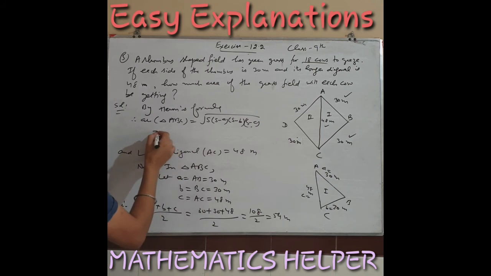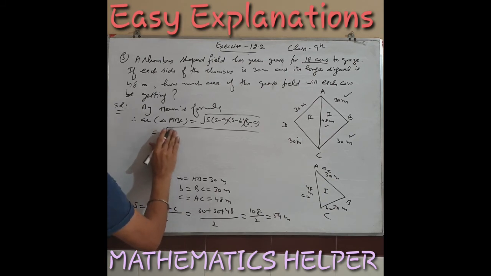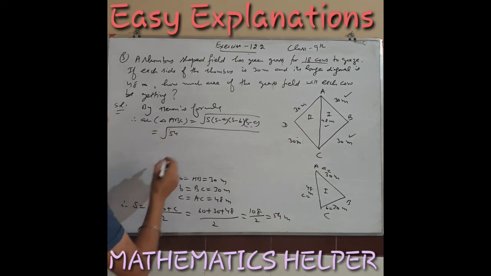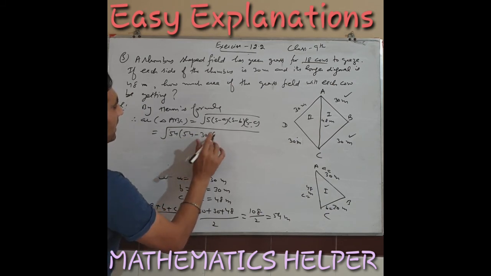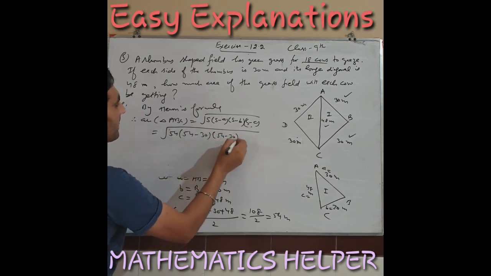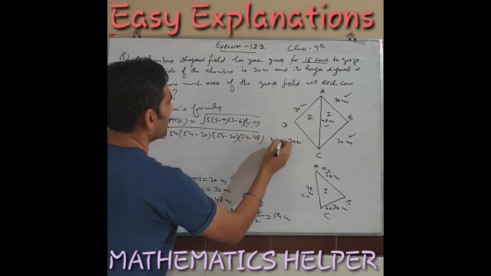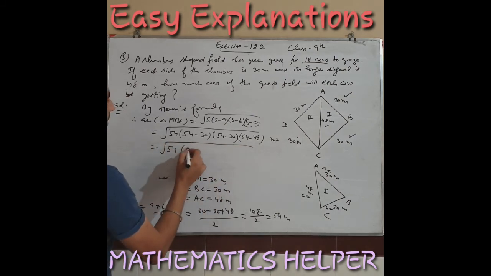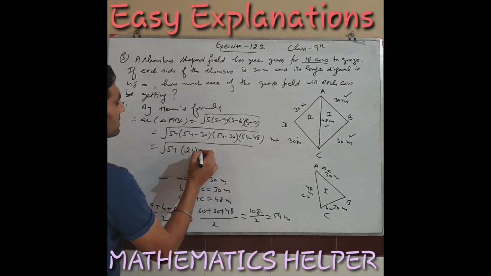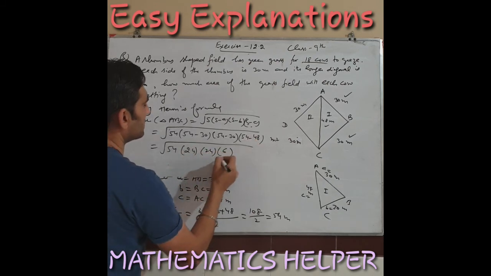Now S means 54. So 54 minus a means 30, 54 minus b means again 30, 54 minus c means 48. The area is in meter square. Here you have 54, their differences: 24, one more time 24, and lastly their difference is 6.